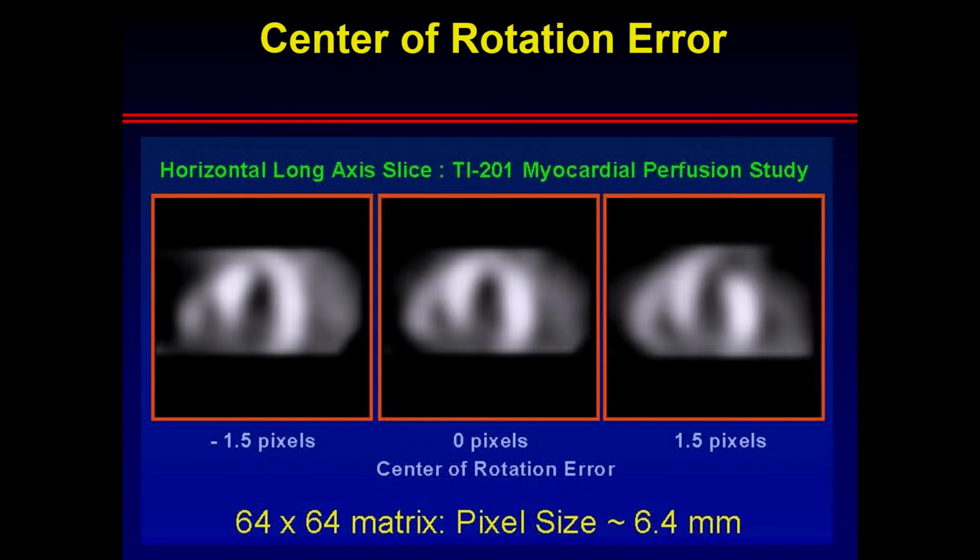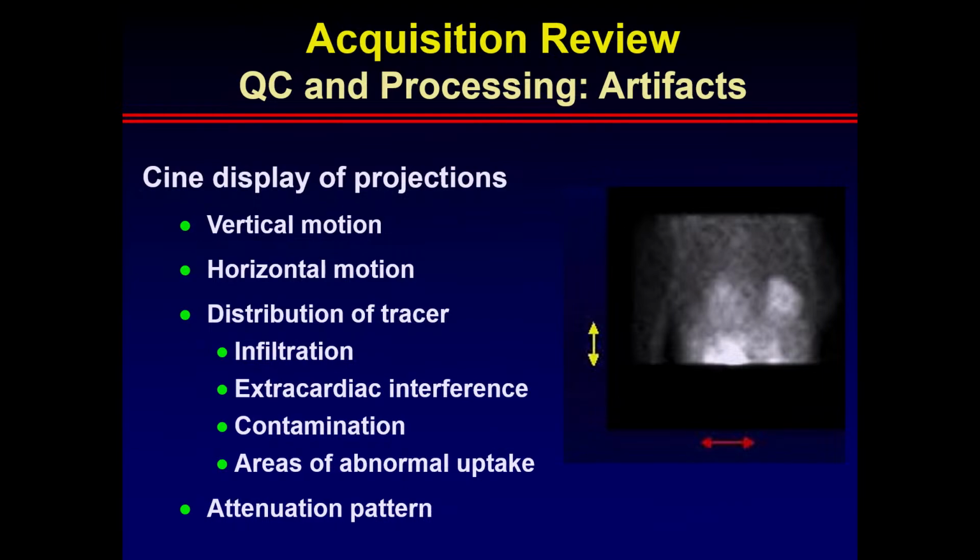If you look at the middle panel, which has no pixel deviation, you can see that looks really good. And if you look at the right, that's a 1.5 pixel deviation. You can see you have an apical lateral defect. So, if your center of rotation is not accurate, you can clearly develop false positive perfusion abnormalities, and that's one of the reasons why we do these corrections on a routine basis.